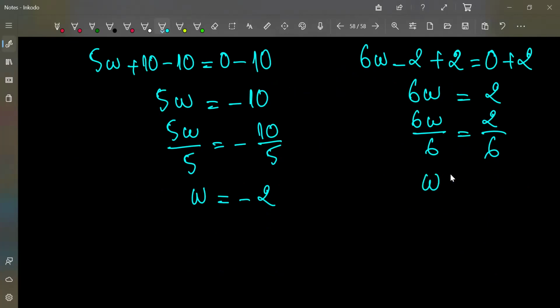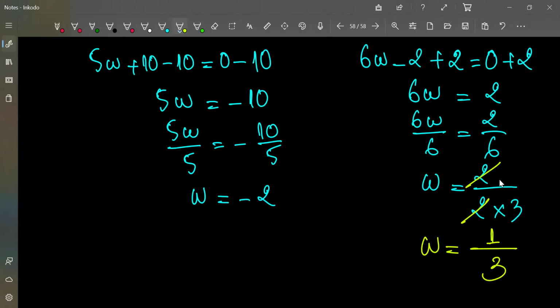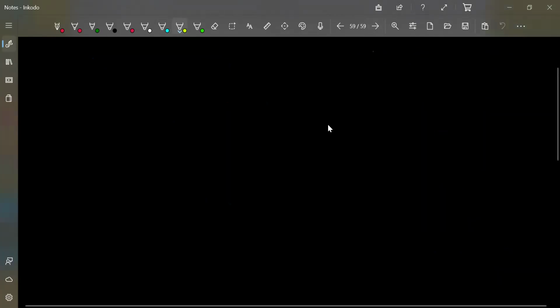So on the first side we get w, and on the second side we can simplify by writing 6 as 2 multiplied by 3. So now we can simplify 2 and 2. It means w is equal to 1 over 3, because 2 we can write as 2 multiplied by 1. Okay. So move to the next example.